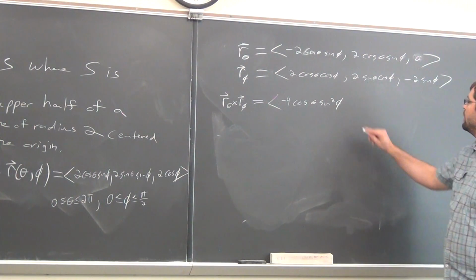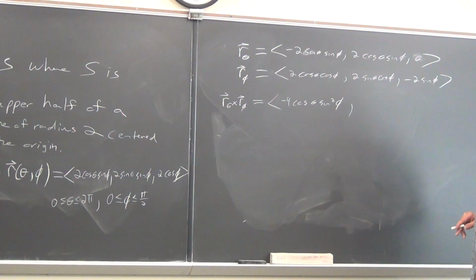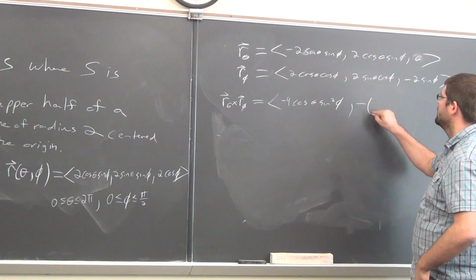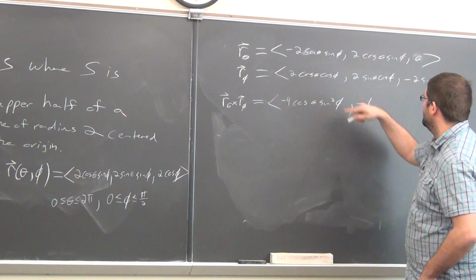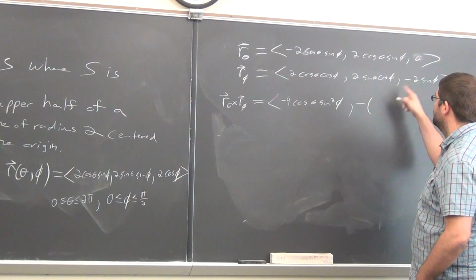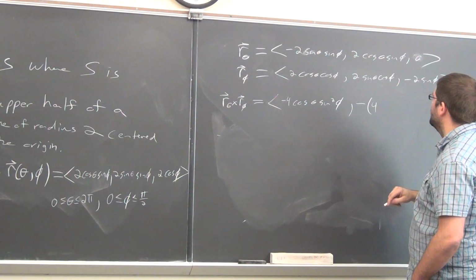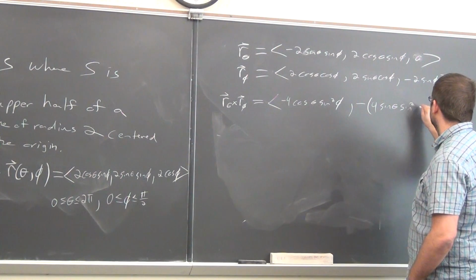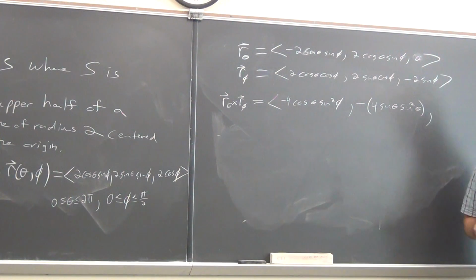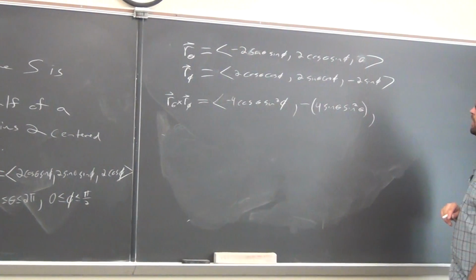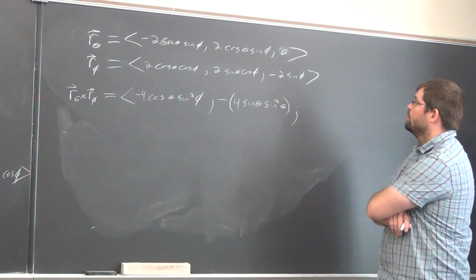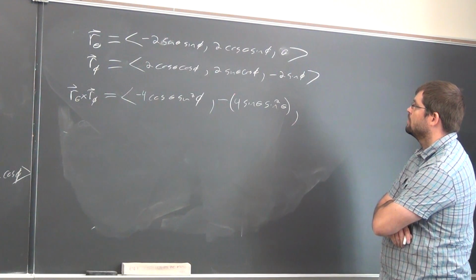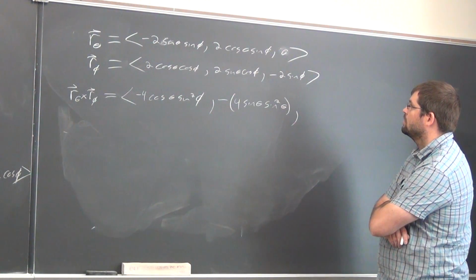And then your middle term will be negative, this times this, and then minus 0, so it'll be negative 4 sine theta sine squared phi. Is that okay? And then your last term should be what? 0? I think so. Minus 4 plus 4, so 0.